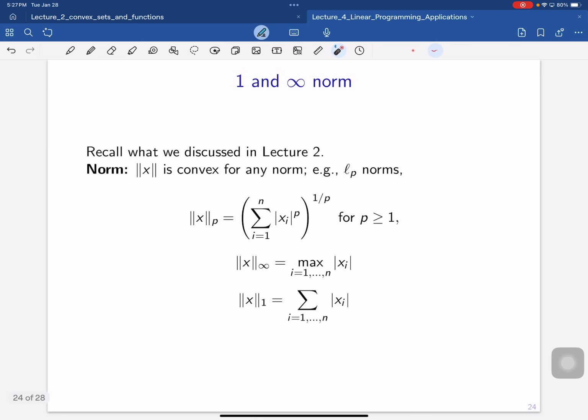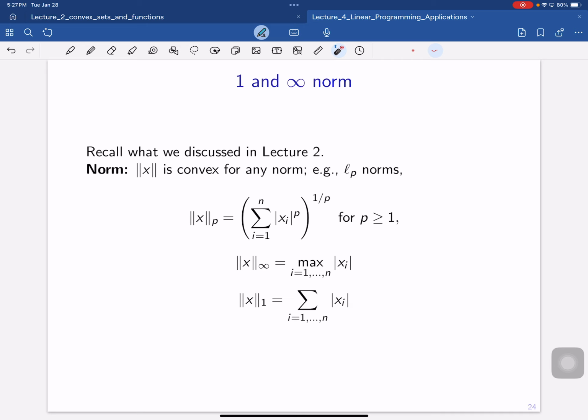So finally, I want to talk about this application on norms, representing norms using linear programs. This is actually the most important application I want to talk about in this lecture, because it gives you some insight on what linear programs can represent, and also it can help you understand convexity better, right?